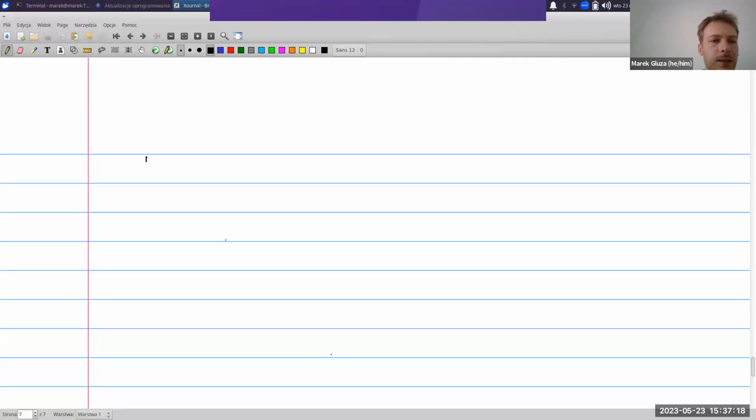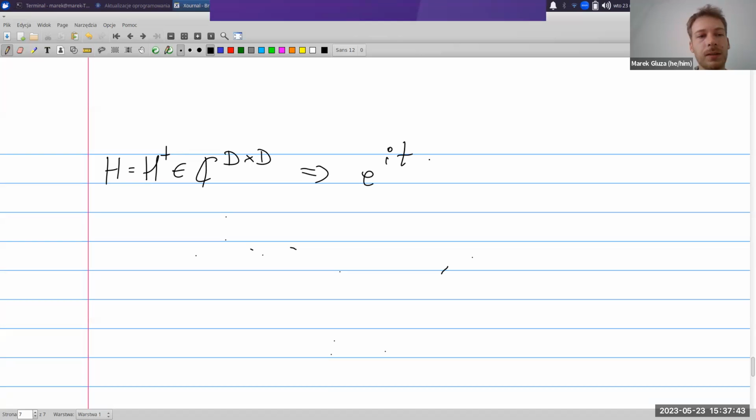We have our Hamiltonian. That's Hermitian. So the Hamiltonian is self-adjoint, where the dagger is just the standard notation for transpose and conjugate, and we will have this being a D by D matrix. If it's Hermitian, then exponentiating that with some affine parameter, which is playing the role of time if we consider quantum systems, will give us a unitary matrix.